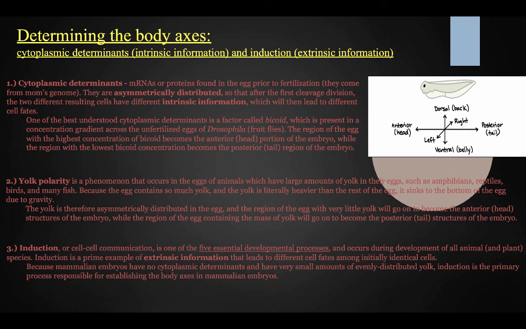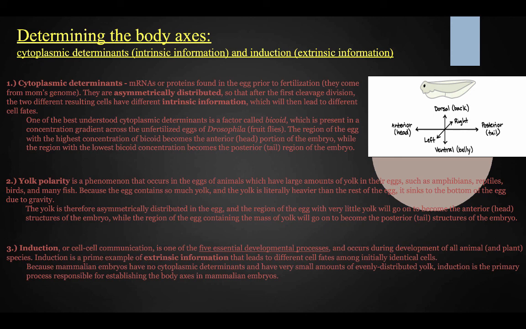They're not distributed symmetrically in there. They are asymmetric, so one side has more than the other. After you start getting cleavage division, you're going to get two different resulting cells that differ in this intrinsic information that you have gotten from your mom's genome. So this is going to lead your cells to have different fates.